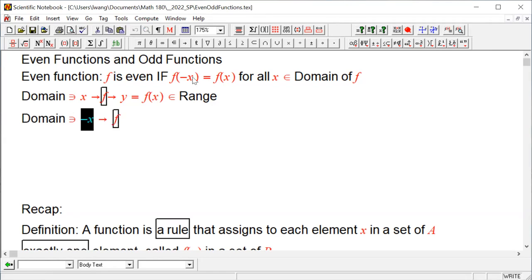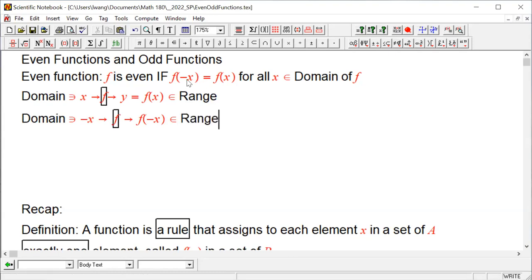You see negative x is in the input position. And the function works on the input. So that's how we produce f of negative x. And this must be in the range of f as well.